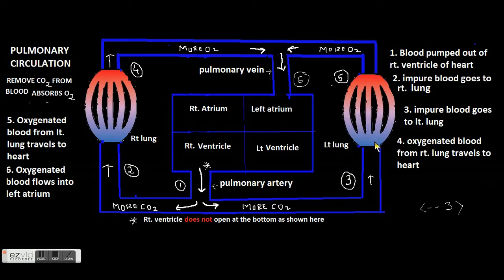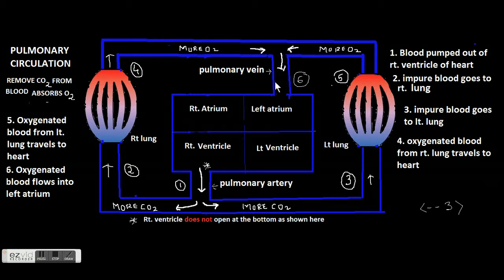So as soon as blood comes out of the right ventricle, through the pulmonary artery, it branches out. One branch goes to the right lung, another branch goes to the left lung. This is called the pulmonary artery because this is the exit path of the heart.